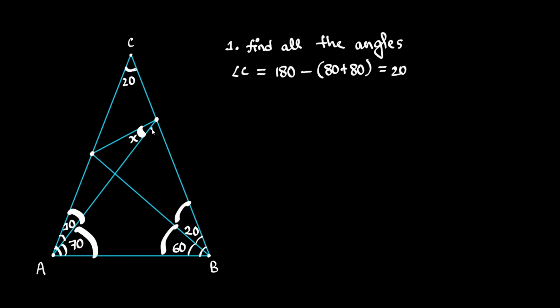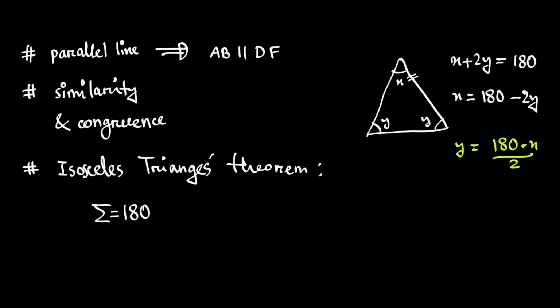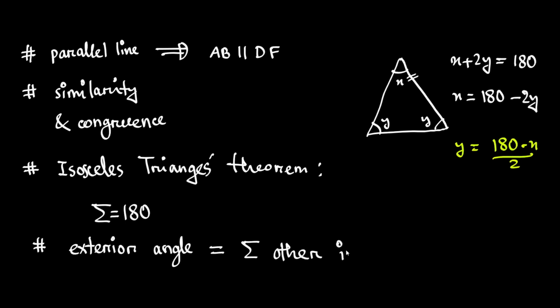Then we can find this angle. We can find this angle in a different way, to be honest. Let's include this part also. Exterior angle equals the sum of the other interior angles.